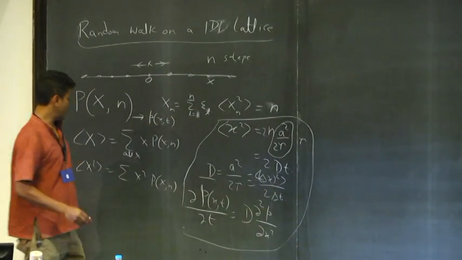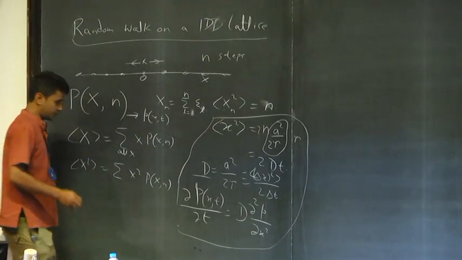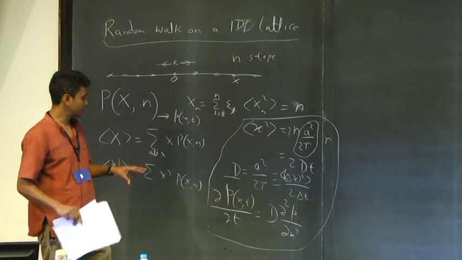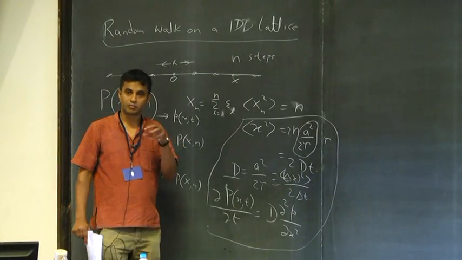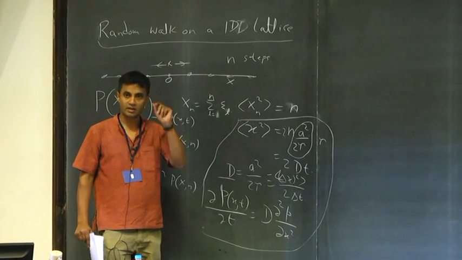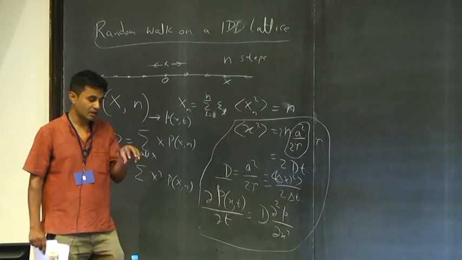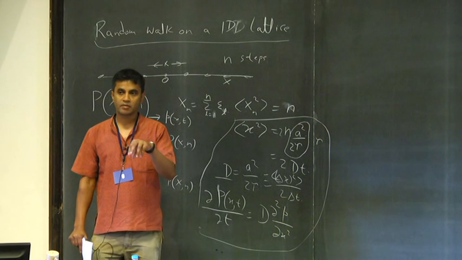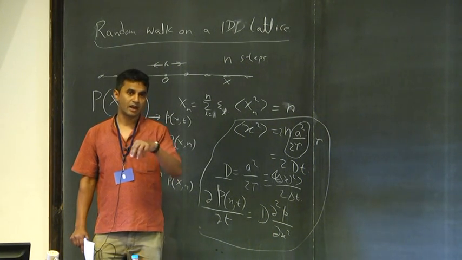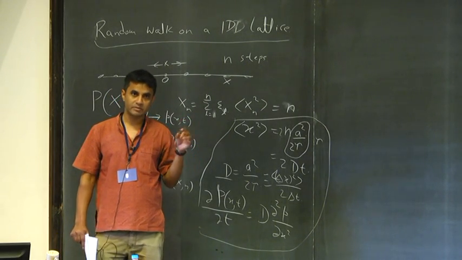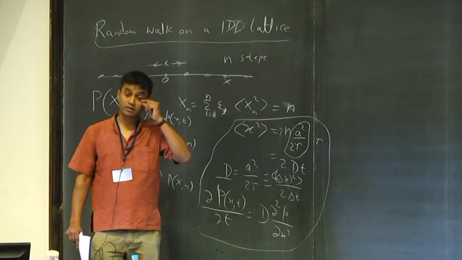The other thing that Sanjeev showed is that if you are looking at a colloidal particle in a fluid, then you can either look at the probability distribution of a single colloidal particle: you start it from the origin, after time t you see where it is, then repeat this experiment a large number of times, and you find a probability distribution.